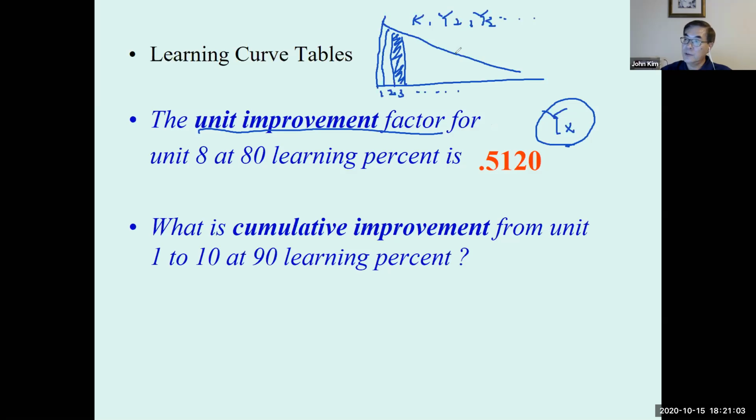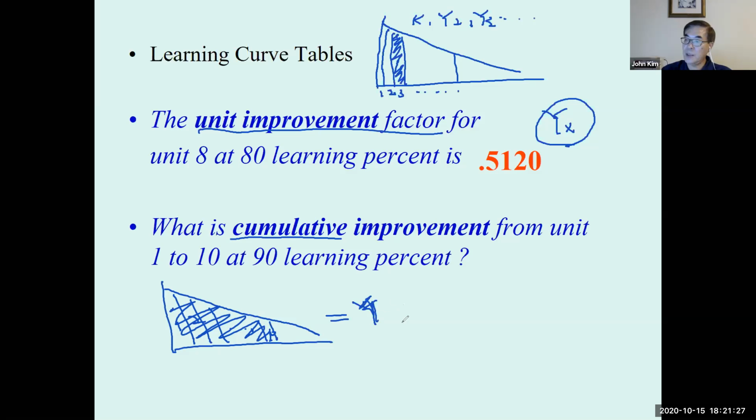But if it asks for 1 to 10, all the area, cumulative, that will be K plus Y2 plus Y3 up to Y10.